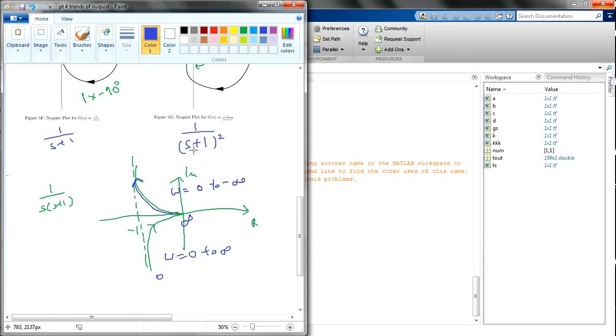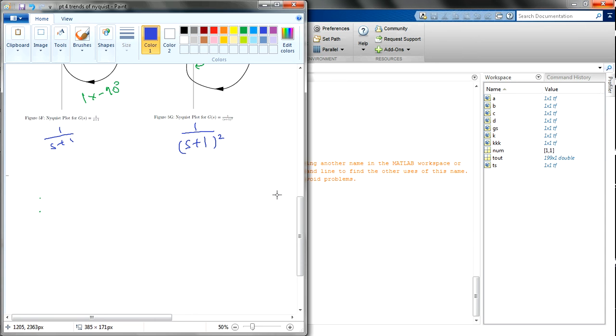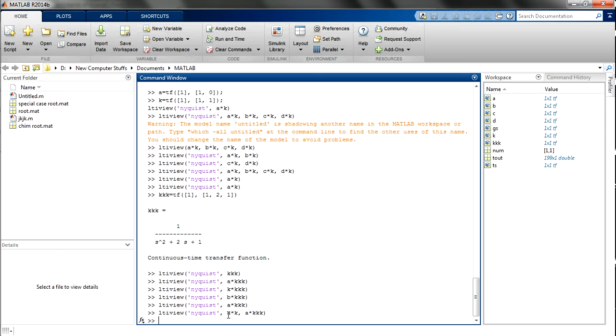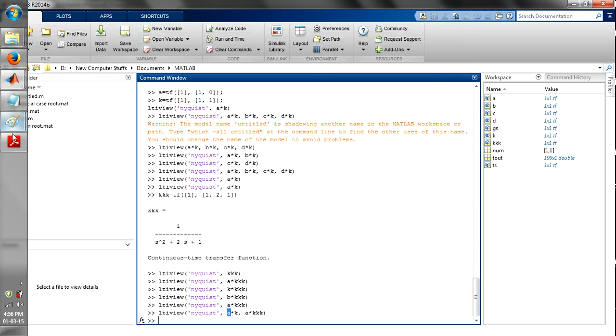What if it is s times (s plus 1) squared? What can we see? This is a comparison between the simple integrator, 1 over s.